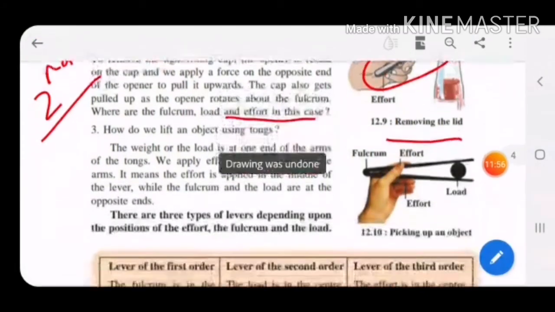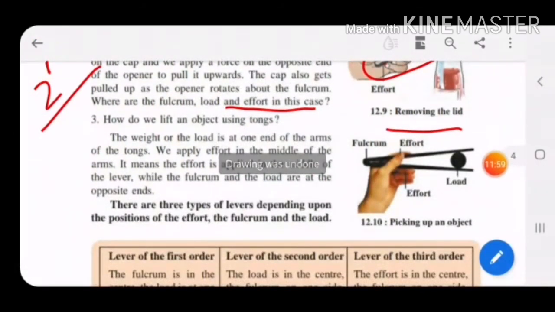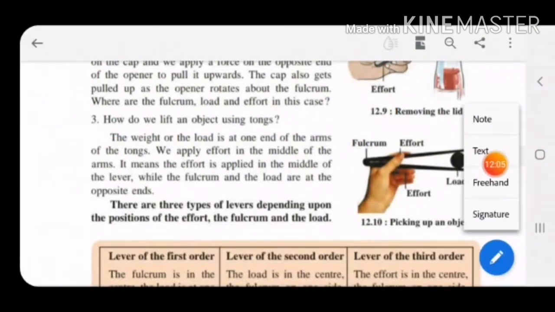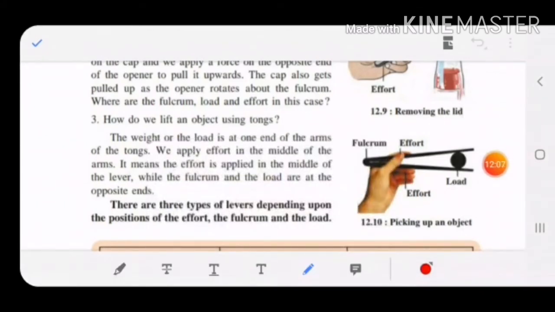Similarly, see the third order lever. How do we lift an object using tongs? Can you see this third picture, picking up an object? Your mummy must be having that to roast the rotis like this. The fulcrum, the support, is here, the effort is in between where you apply pressure to roast the rotis, and the roti is here, the weight of the roti will be here, so that is the load.